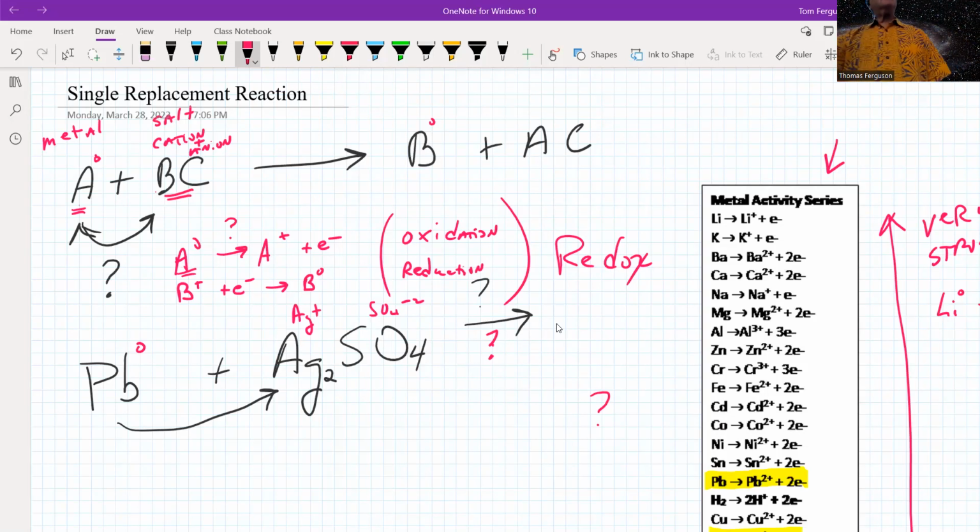If it loses 3 electrons, something's got to be there to receive those 3 electrons. So that's the oxidative process, again, loss of electrons. The reduction part is where we're receiving those electrons that were lost by the metal.